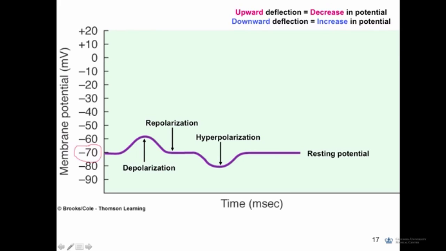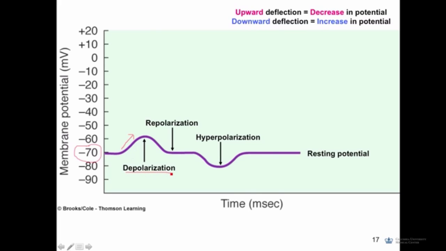So right now we're going to build towards understanding what goes on at the plasma membrane in terms of sodium and potassium during an action potential. But we're going to define a few terms. We're starting at a resting membrane potential of -70. If the membrane potential becomes more positive, we call that a depolarization.